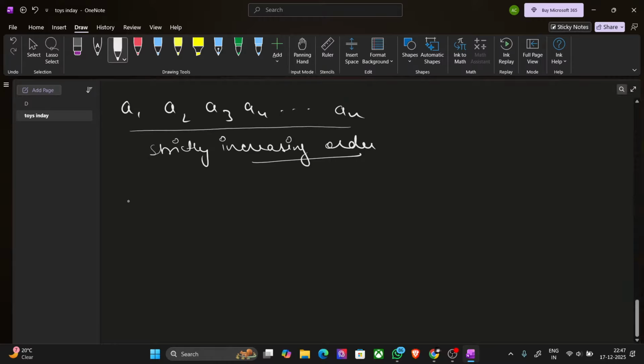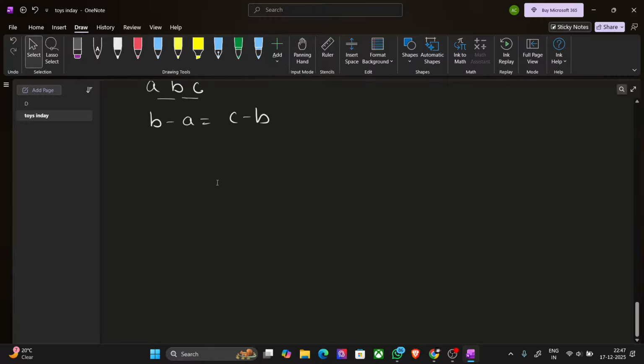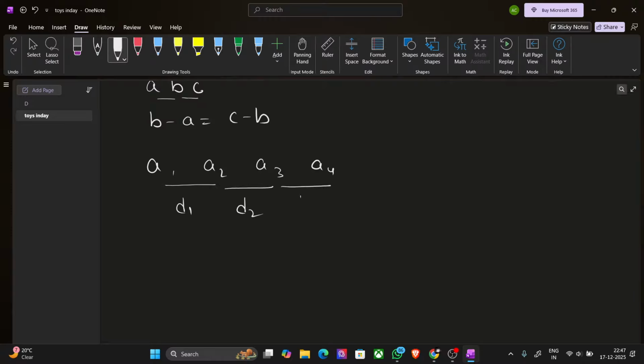And what is the condition of an AP? If three numbers A, B, C are in AP, then B minus A must be equal to C minus B, which means the difference of two consecutive elements must be the same. So let's say an array is like this: A1, A2, A3, and A4, and the differences are D1, D2, and D3. Now all these three differences must be the same for the AP.